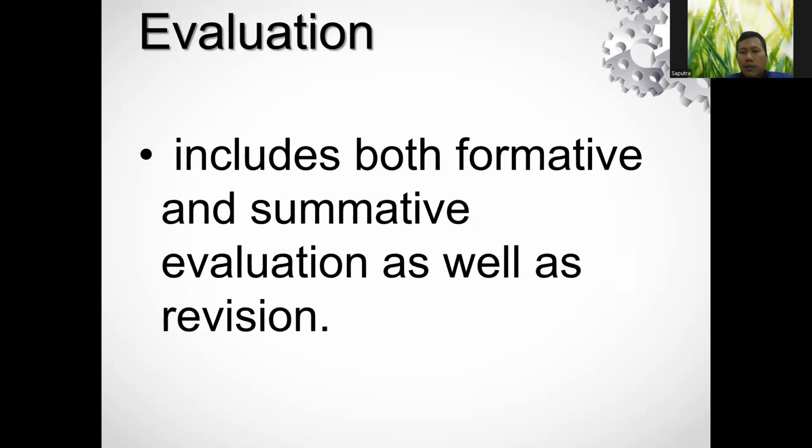So in the implementations, we will have the formative evaluations. Formative means that it is in the process, and summative is at the end of implementations. So the educators are encouraged to revise what's wrong, what problems, and what obstacles have been faced during the implementations.